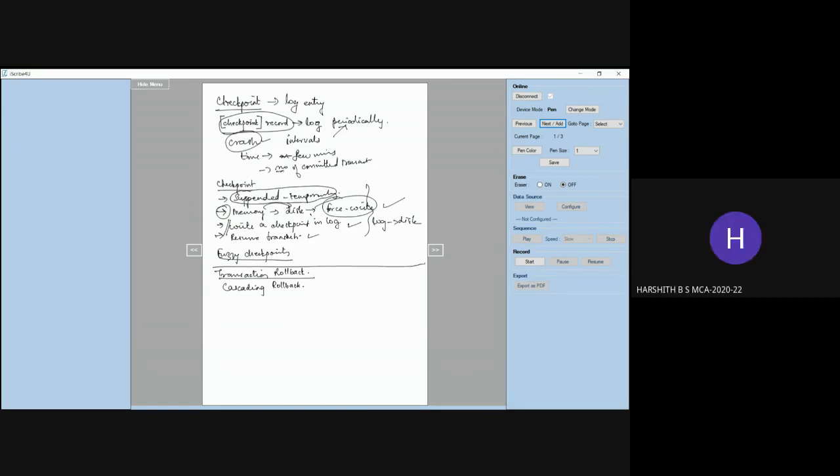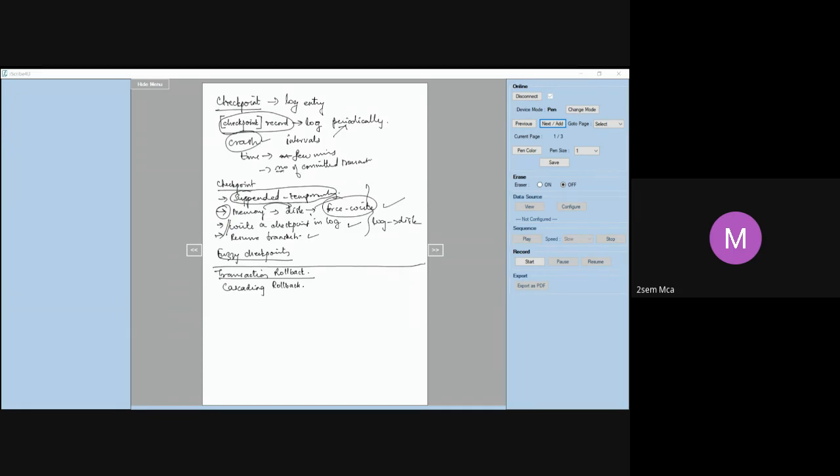Charan, yes, ma'am. Kaushik, present, ma'am.